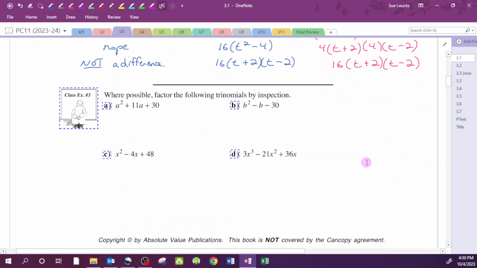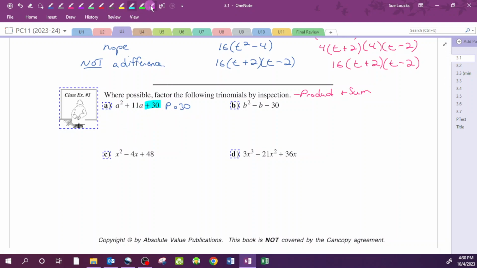Okay, where possible, factor by inspection. Factor by inspection is where you look for the product and the sum. So I'm going to do this one. The product is 30. The product is always the constant term. I'll color that in blue.